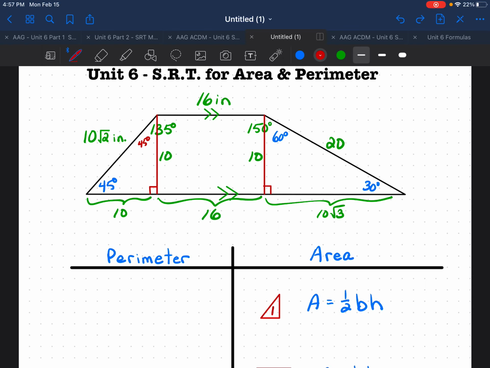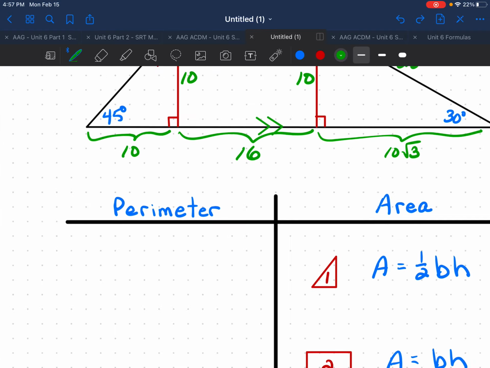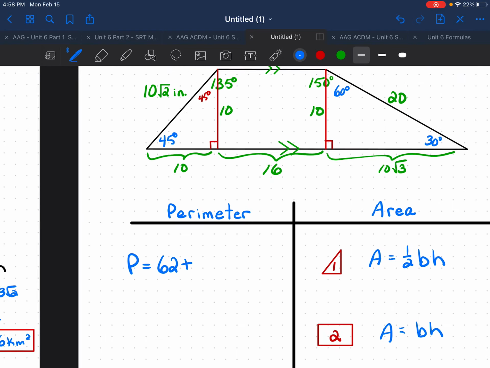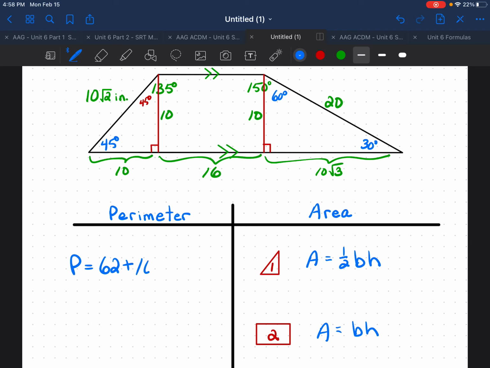Now, since all of those whole numbers added up to 62, there's only a 10 radical 2 and a 10 radical 3 that we have to attach to that. So let me come down here, and our perimeter is basically done. Our perimeter is going to be 62 plus, let me go back up and see, it was 10 radical 2 plus 10 radical 3, and that's going to be inches. Okay, so we've taken care of our perimeter.